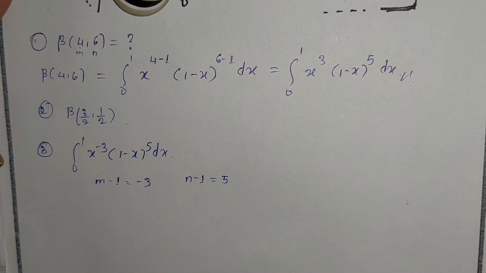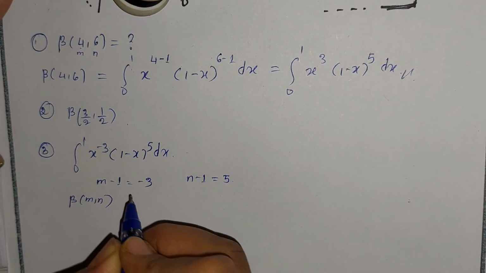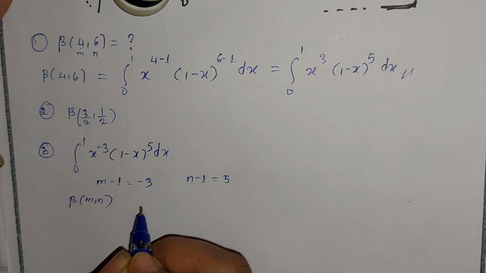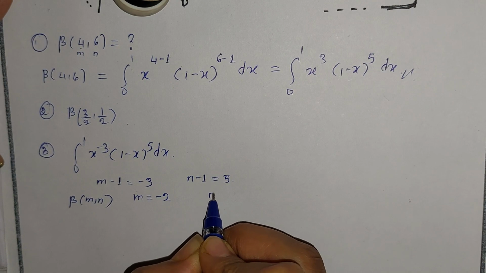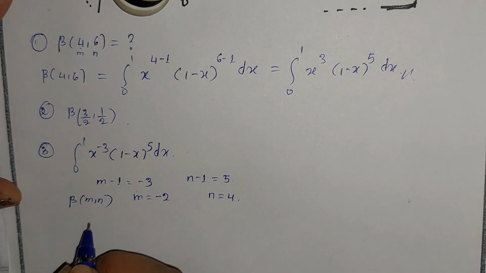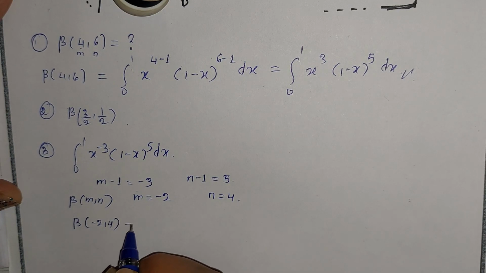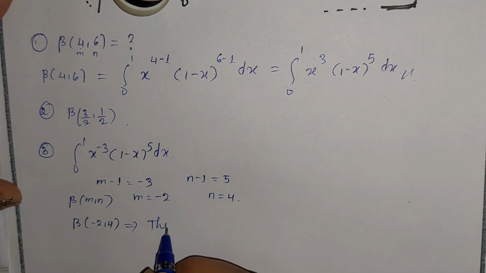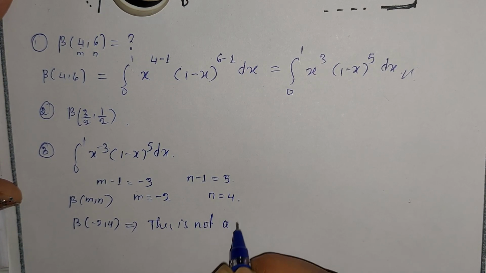So when we get to know the value of m and n, we can substitute in beta of m comma n. Let us find the m value here. Here the m value is equal to minus 2 and the n value is 6. So beta of minus 2 comma 6. Here this function is not a beta function.